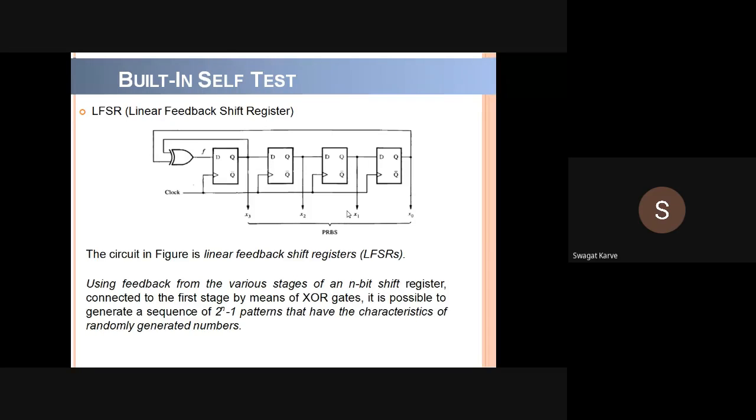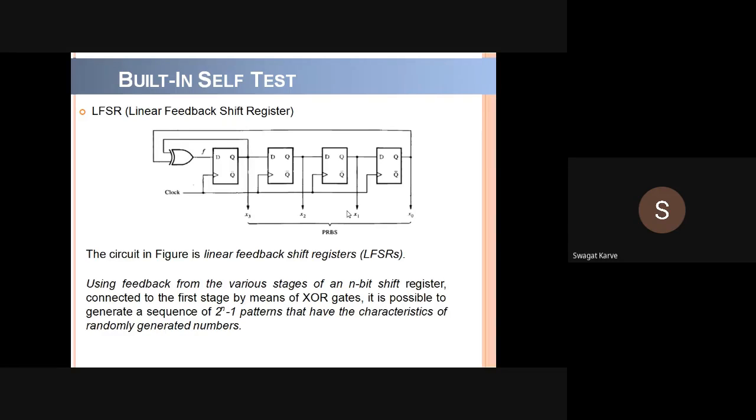Now you can apply this technique in a number of ways, including random number generation. Then you can have polynomial division for signature analysis. Then you can have n-bit counting, and this LFSR can be either serial or parallel. That means you can take its output serially or parallelly, depending upon your application.